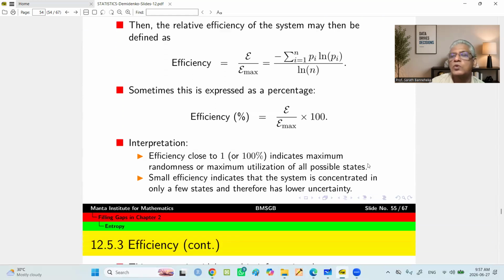All the possible states have been used equally. On the other hand, if it is close to 0, that indicates the system is concentrated in one or maybe only a few possible states or categories. Therefore, it has lower uncertainty. That's how you can interpret this relative entropy, or the efficiency of the system.